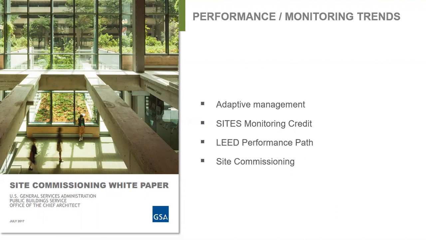There's a new platform within LEED called ARC, which provides up-to-the-moment performance tracking with an online dashboard for LEED certified buildings. And then, of course, an increased practice of site commissioning, similar to what I talked about in the last slide, the practice of delivering the project to the client with a specified level of performance. A lot of these efforts have been led by the U.S. General Services Administration. They're leading the way on site commissioning and accountability for site performance.